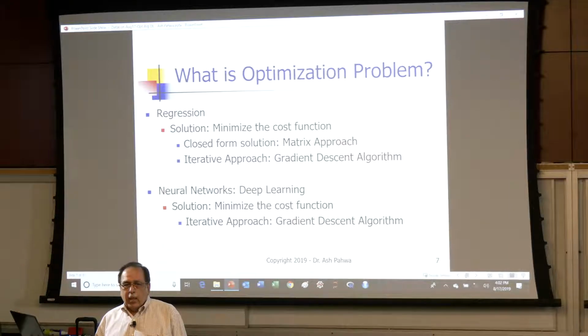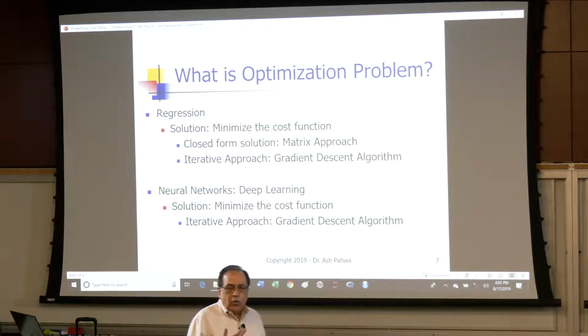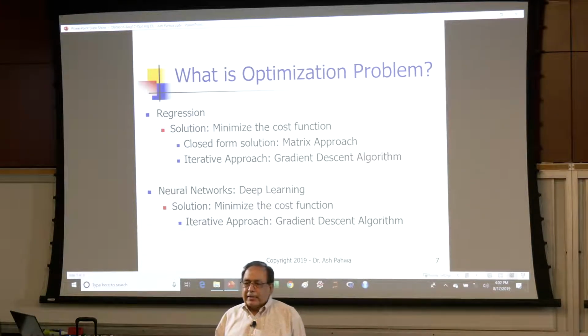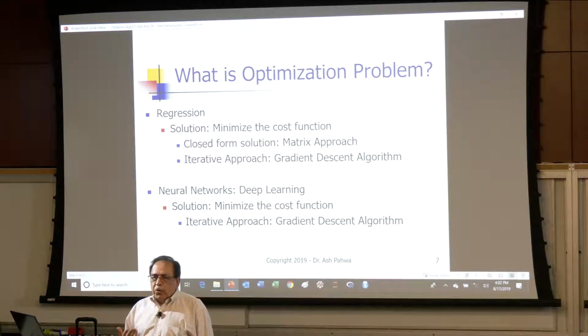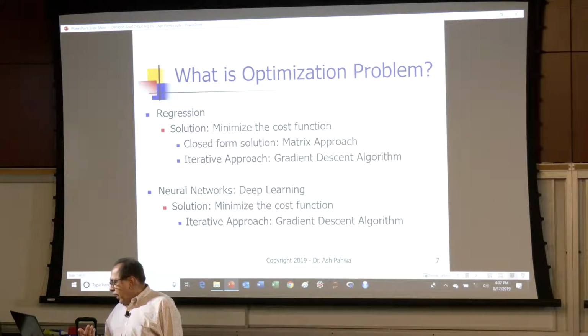But when you are using a neural network, there is no closed form solution available. You have no choice but to use gradient descent for neural network deep learning problems. That is the reason why we have to modify our gradient descent, because gradient descent does not work very well in a deep learning environment. So, that is what we are going to focus on.